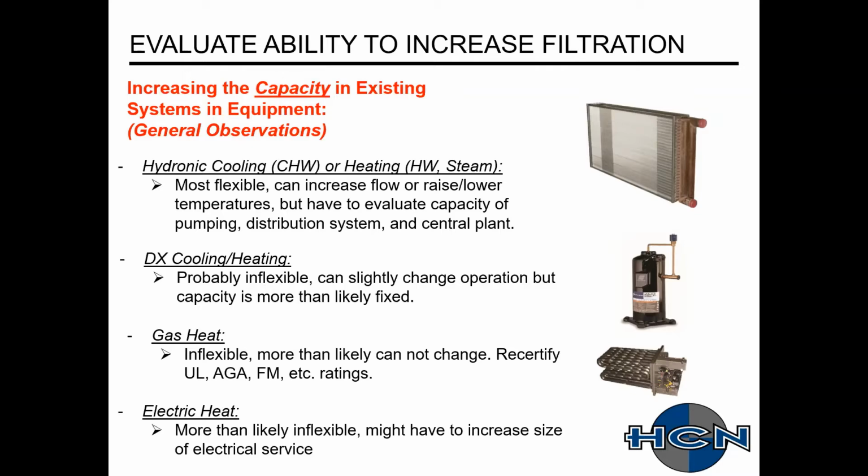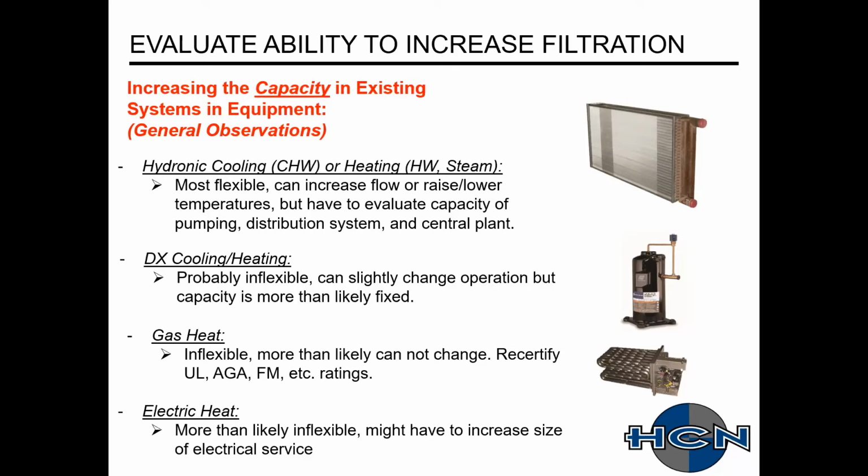You can increase your flow or raise or lower your temperatures, but obviously you'd have to evaluate your central cooling capacity, your pumping, as well as your distribution system. If you have an existing DX cooling system, more than likely this is probably inflexible. You can change your operation slightly by adding refrigerant or changing refrigerant temperatures, but more than likely if you have a 10-ton system, you're stuck with the 10-ton system.